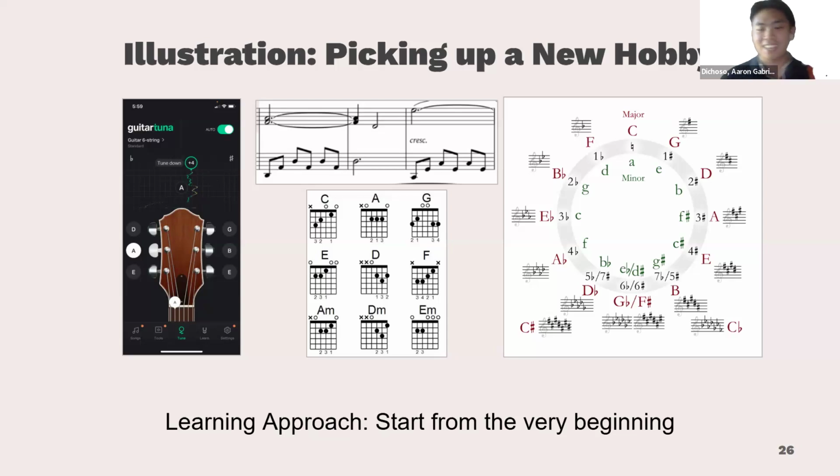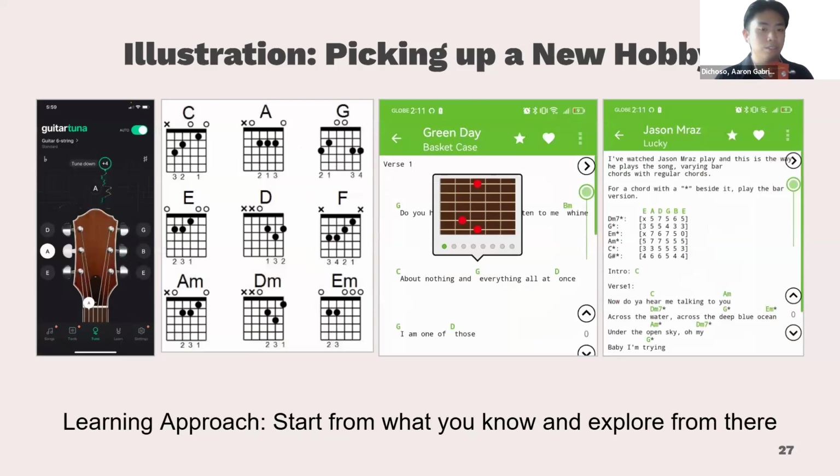When you're learning like that, it's really overwhelming at the beginning, right? So what I did instead was learn from what I know and explore from there. Instead of learning all of those foundations at the beginning, I just said, okay, I have a guitar, I want to learn.